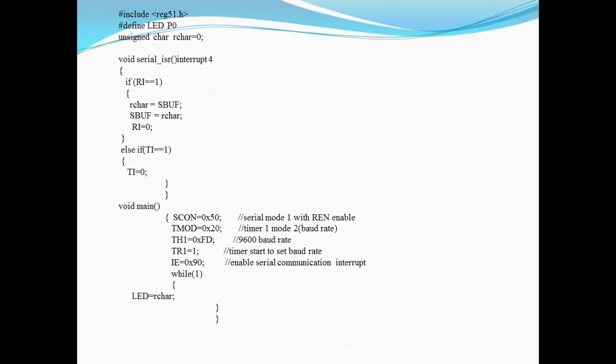Now here is a program for the same. We'll first understand the program logic, and then we'll go for the actual debugging and running of this program. The first line is a header file, reg51.h, which contains all the definitions for the 8051 microcontroller, so we have to include reg51.h first.